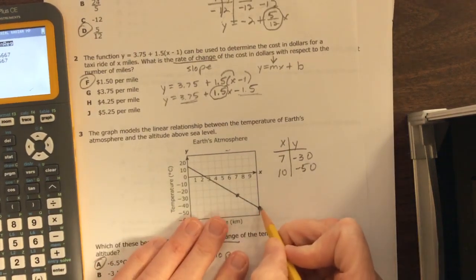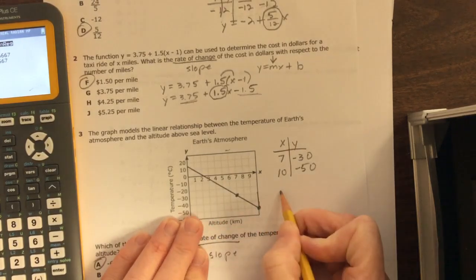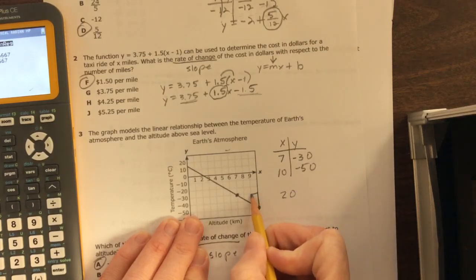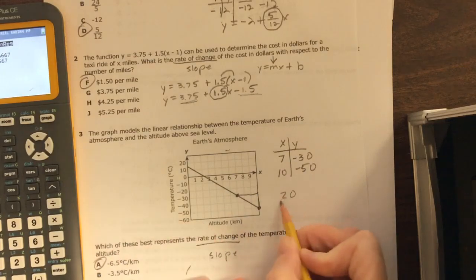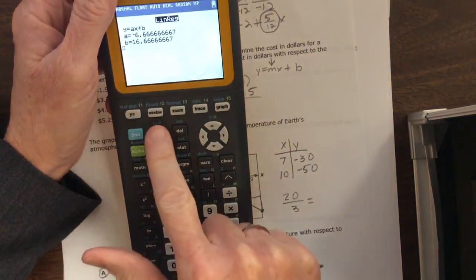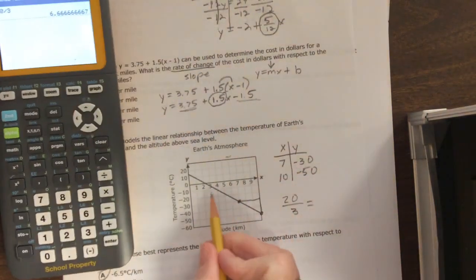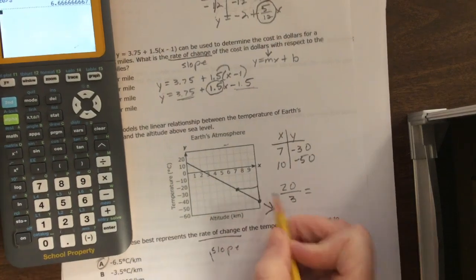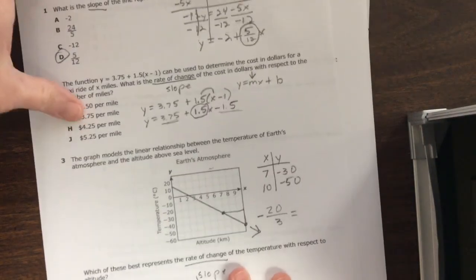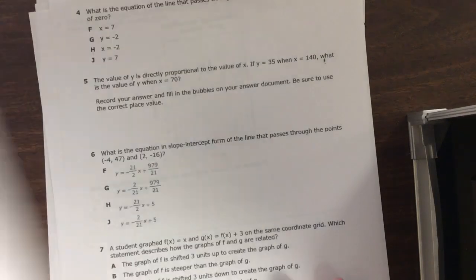If you did rise over run, you're going to rise by 10, so it's going to go 10, 20, and then you're going to run 1, 2, 3, and 20 divided by 3, just showing you the other way, 20 divided by 3 is the same thing. Since this line is going down, you have a negative 6.6. That's your answer. And it says which best represents, so it's not exact.